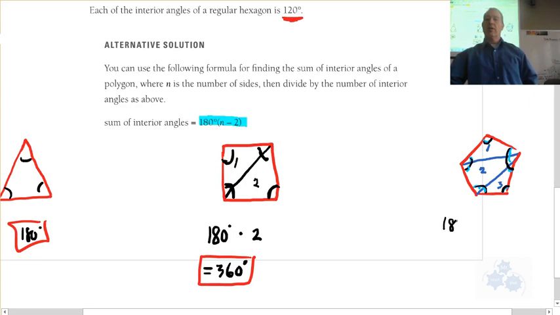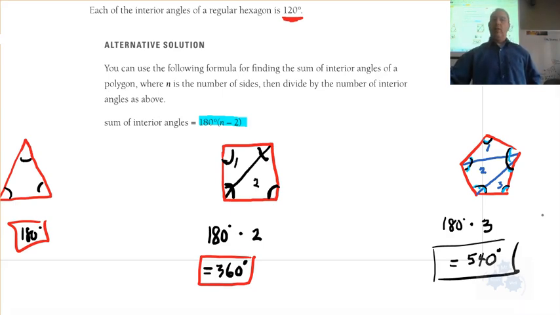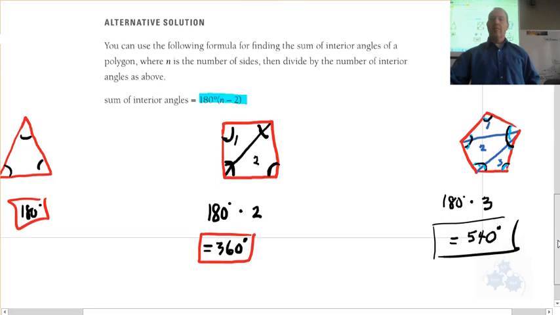This is 180 degrees times 3. What's 180 times 3? Well, that's 540 degrees.